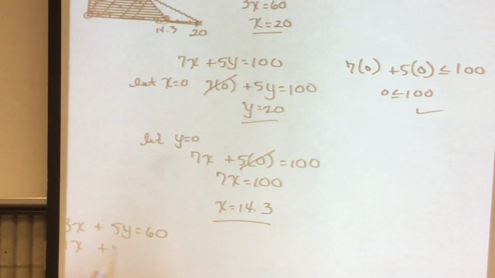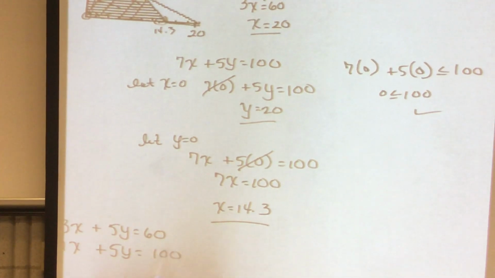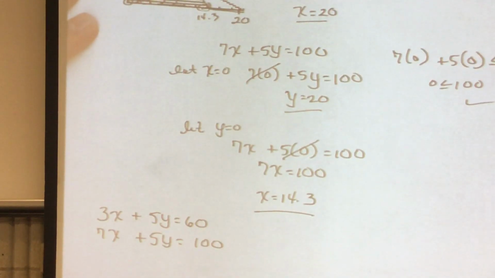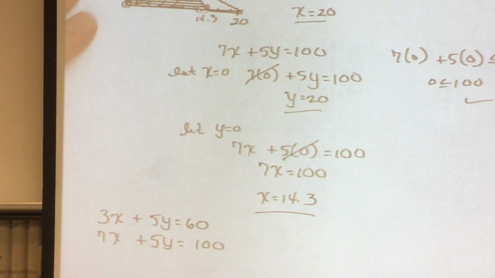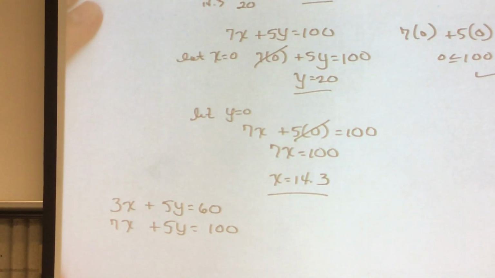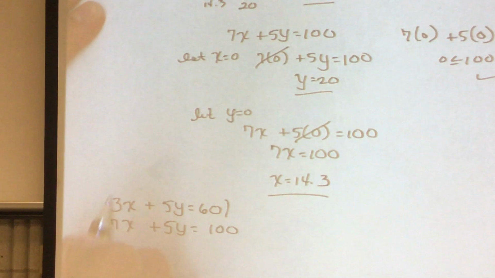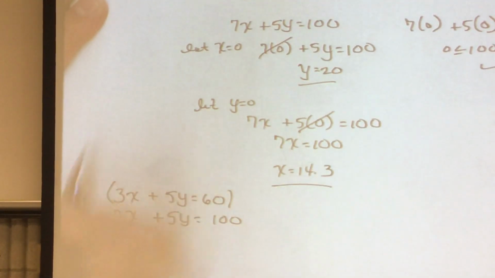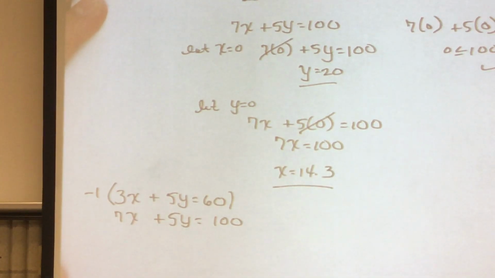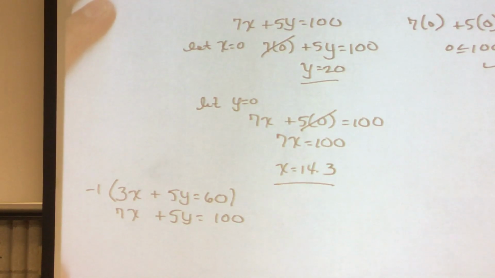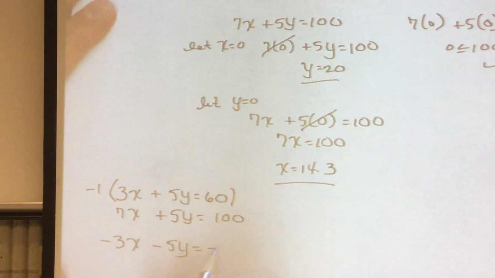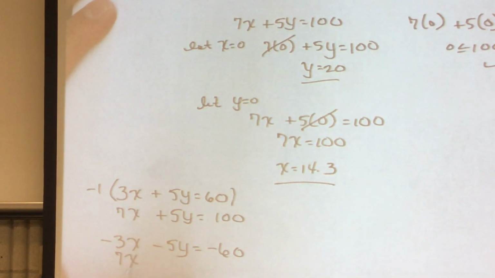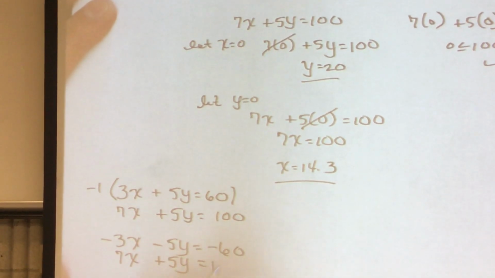So 7x plus 5y equals 100. Here, let's cancel the y. If I cancel the y, I want to multiply the first equation by -1. Multiplying that by -1, I have negative 3x minus 5y is equal to -60, and add it to the second equation.